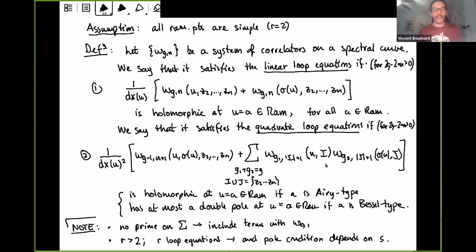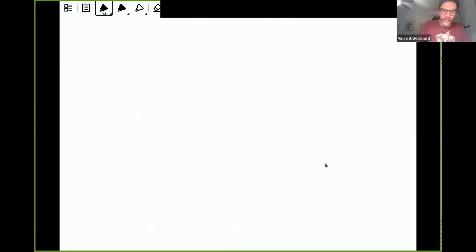Okay, so how is that connected to TR and Airy structures? The main question here, of course, is can we solve loop equations? This is the question. More precisely, one could ask, what is the set or space of solutions of loop equations?